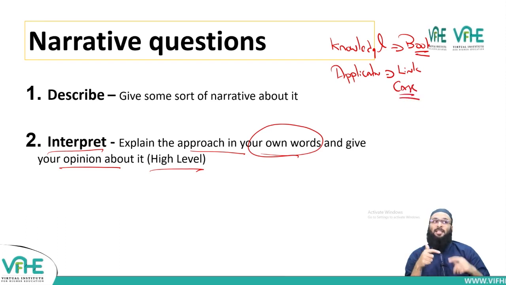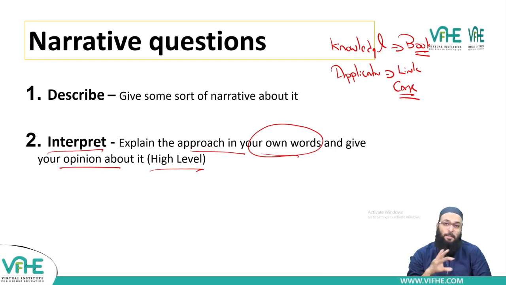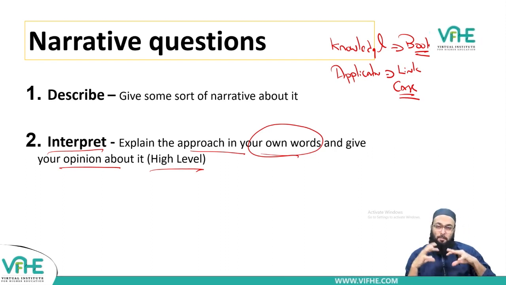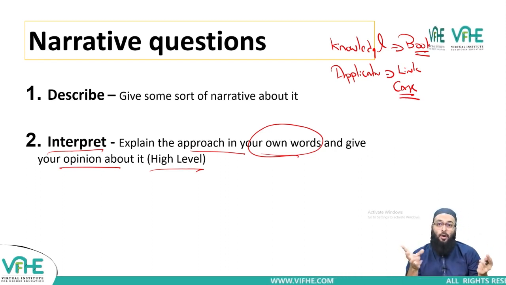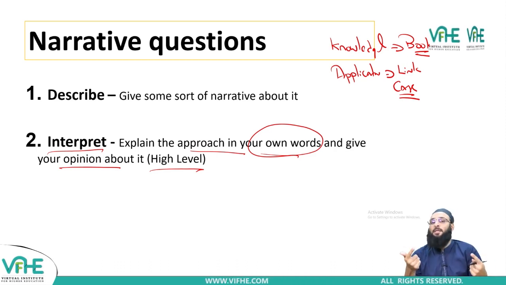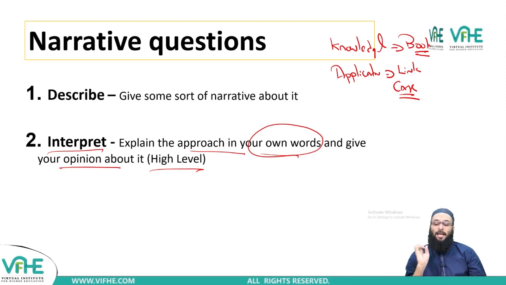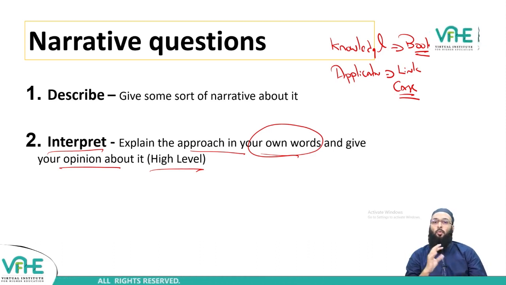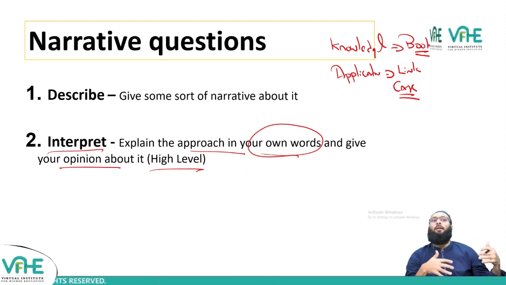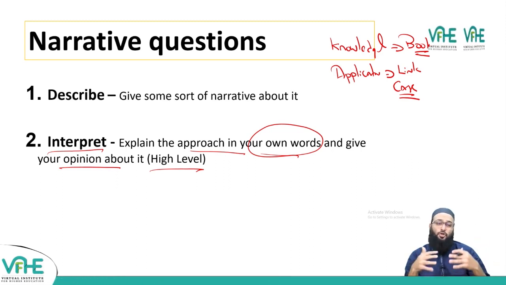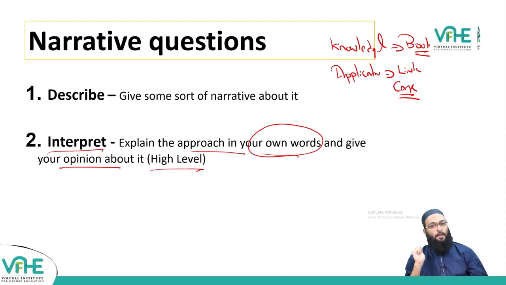So any high-level verb like interpretation requires you to explain that thing in your own words by linking with the scenario and give your opinions about it, that this should be done like this. Correct? So that's the high-level verb, interpretation.